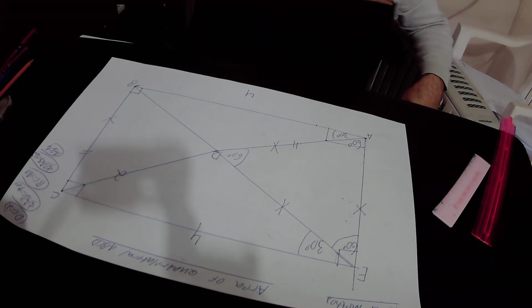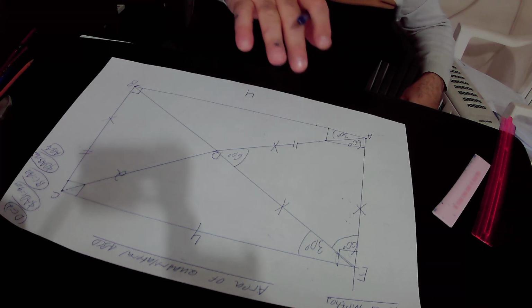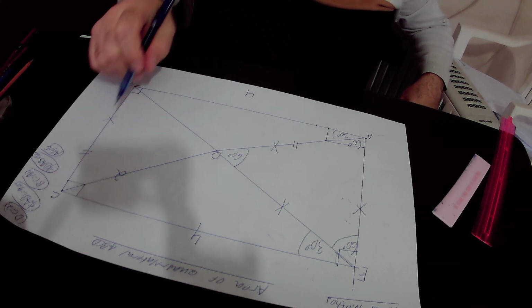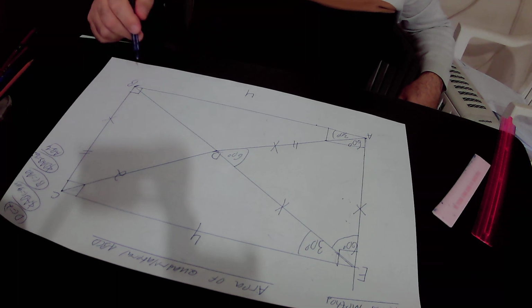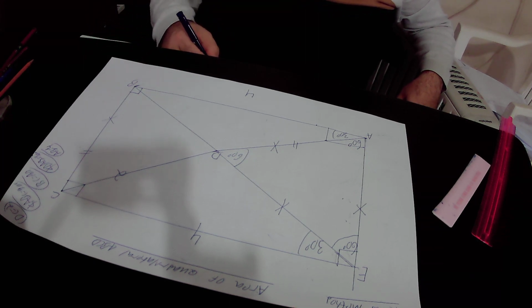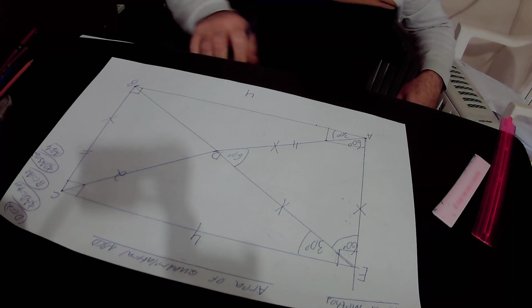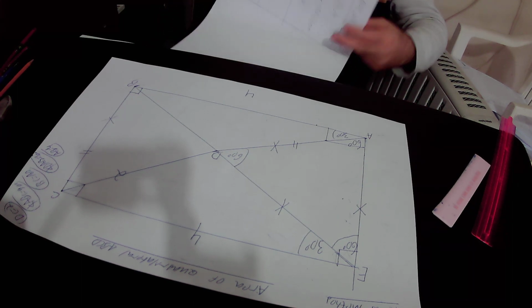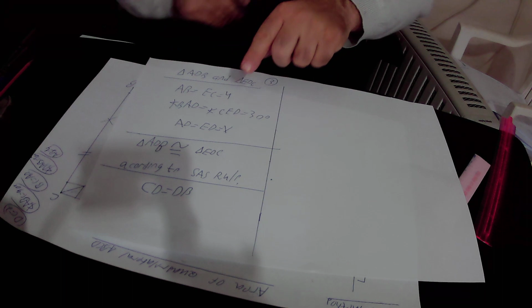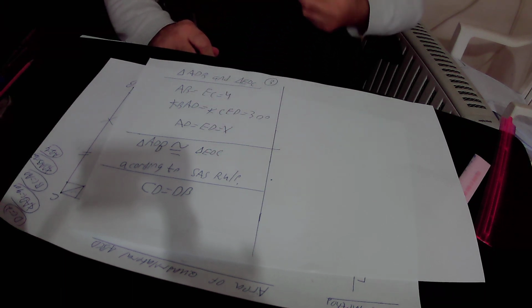And from the fact that those two triangles are congruent, we will conclude that CD equals DB. I repeat again, CD equals DB according to the rule that corresponding sides in congruent triangles are equal to each other.